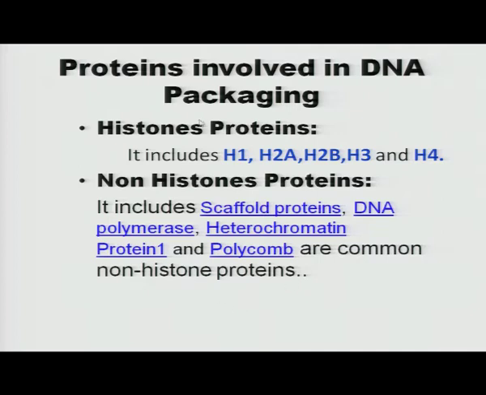So these are the two kinds of proteins involved in DNA packaging, which help the DNA reduce its size. One is histone protein, with 5 types: H1, H2A, H2B, H3 and H4. And non-histone proteins are scaffold protein, DNA polymerase, heterochromatin protein 1 and polycomb.